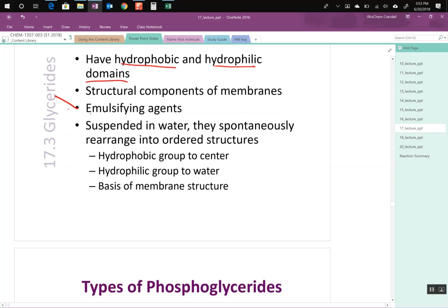They can be emulsifying agents, which makes sense because just like your soap is an emulsifier, dissolving fats, these phospholipids can also act in that way and be emulsifying agents where they dissolve fats and are washed away in water. Okay? So they can be suspended in water. They spontaneously rearrange into ordered structures.